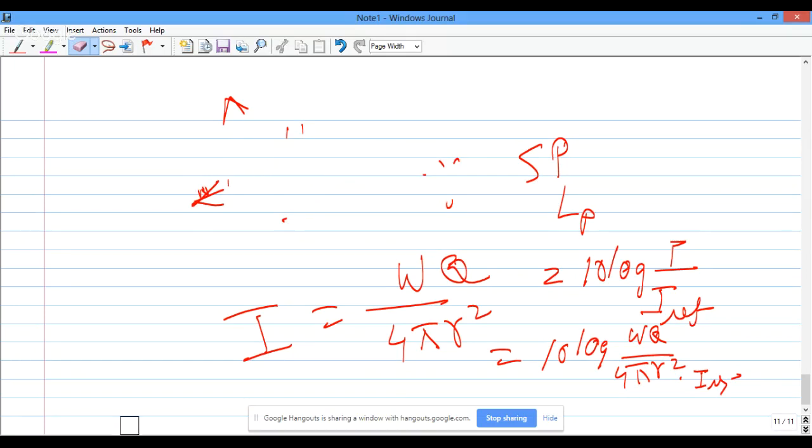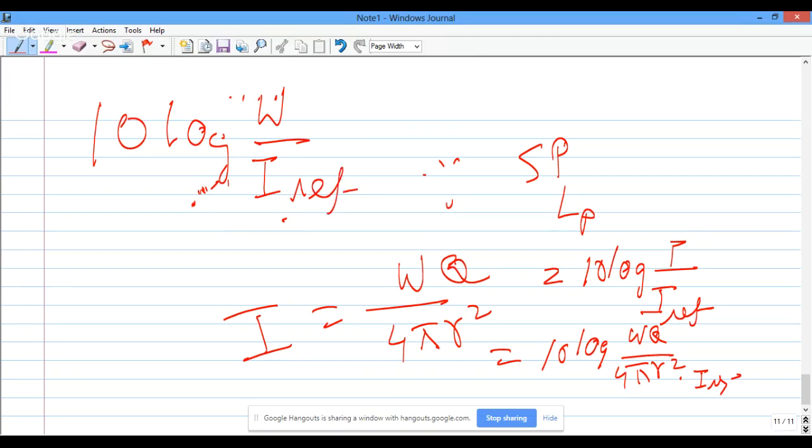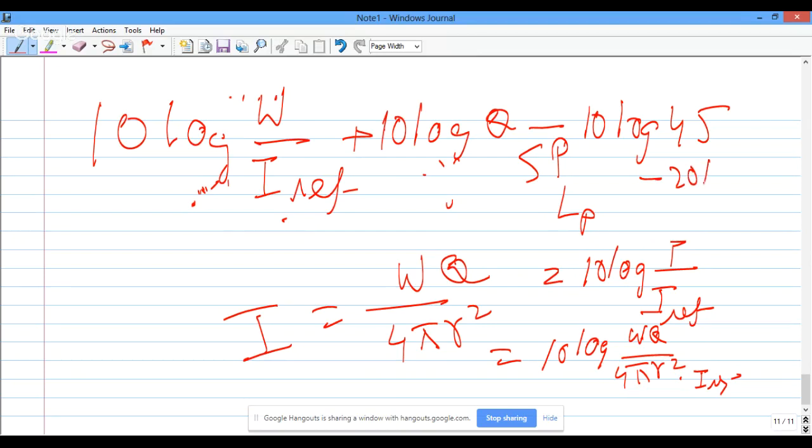If I do that, I can expand this: 10 log W divided by I ref, plus 10 log Q, minus 10 log 4 pi, and minus 20 log R, because R square is there. So 10 log R square is 20 log R.